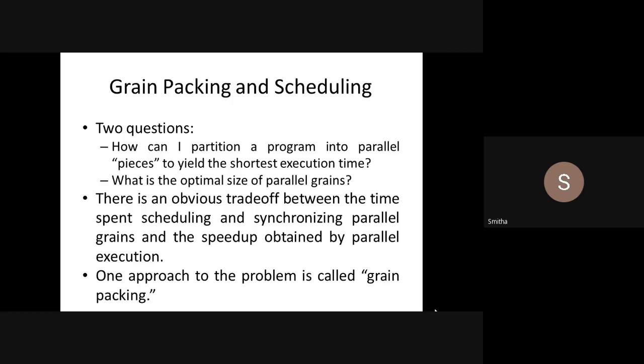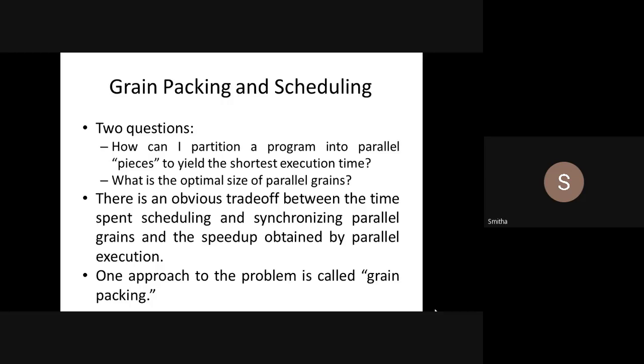That way we can reduce the latency, because we have seen that to get a higher degree of parallelism we need to divide into finer partitions, fine grains, but at the same time that increases the communication latency. That is the disadvantage.